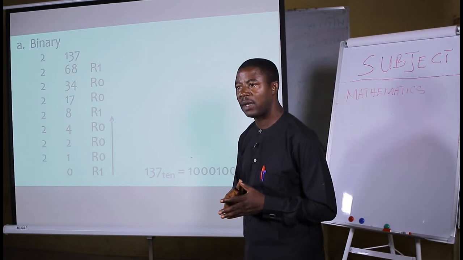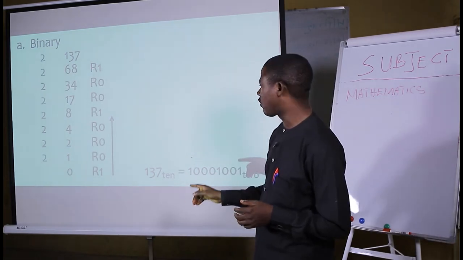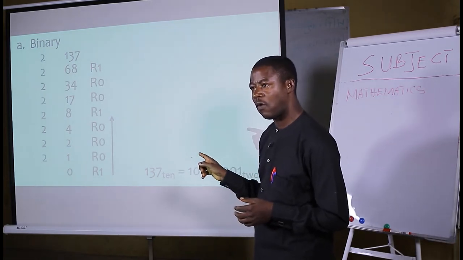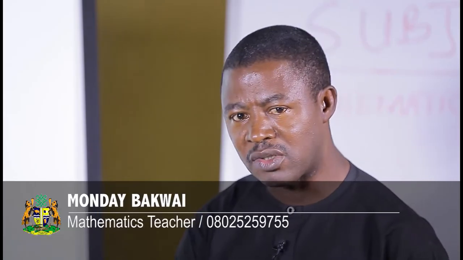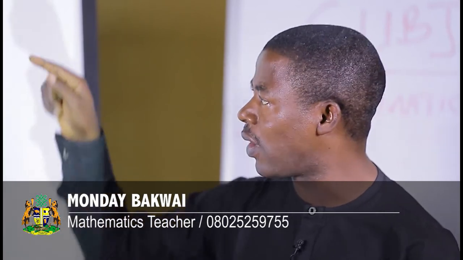So now, 137 to binary will be equal to, you start from the bottom. Look at the arrow. It will now be 1, 0, 0, 0, 1, 0, 0, 1, base 2. Many students will always start at the top, and it will be a wrong answer.